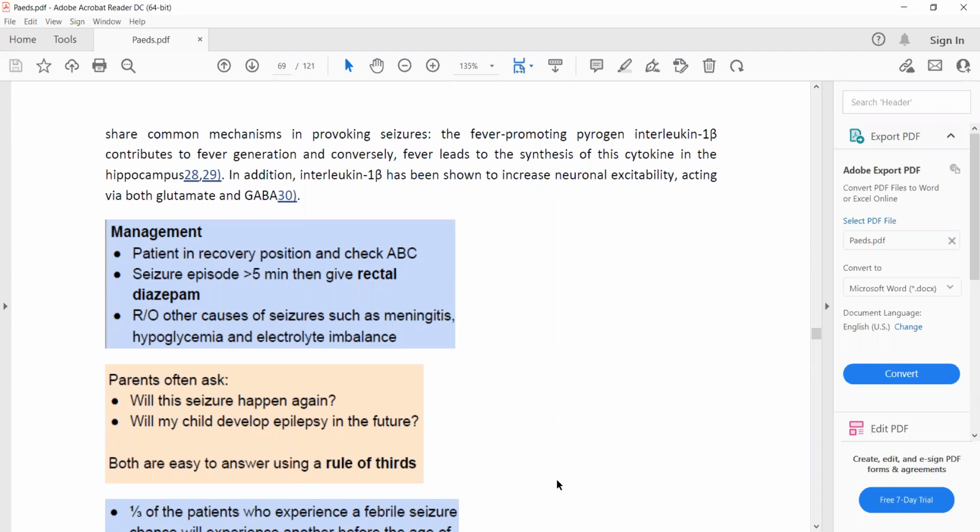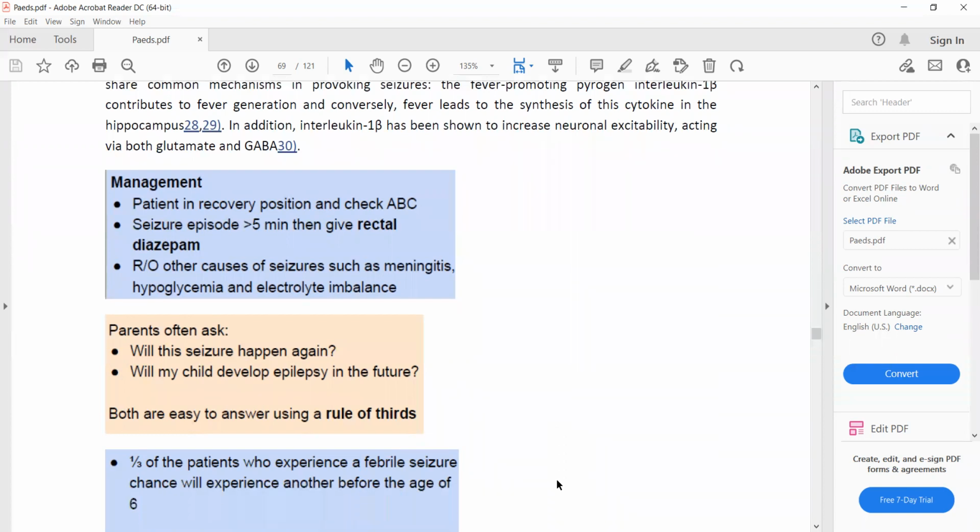And we need to rule out other causes of seizures such as meningitis, hypoglycemia, and electrolyte imbalance such as hyponatremia. So after ruling out these causes, we can manage the patient. That is, if the seizure duration is less than 5 minutes, then we only need to give antipyretics. And if the seizure duration is more than 5 minutes, then we'll give rectal diazepam.